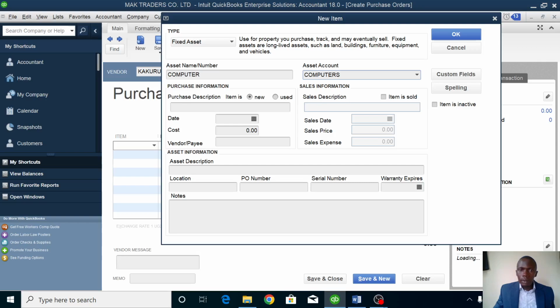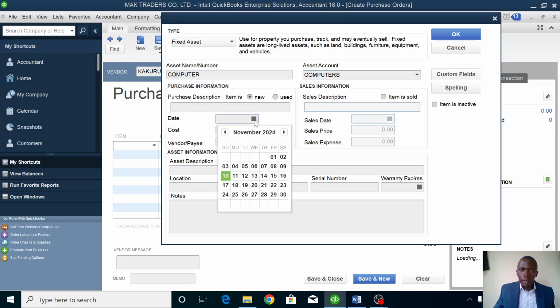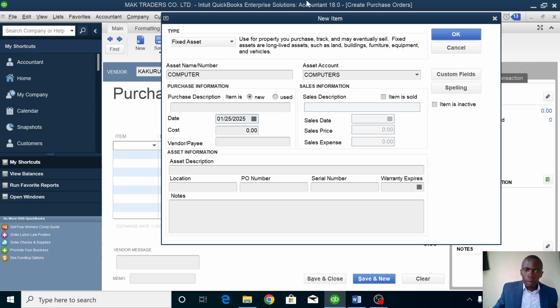Our description, we don't have the date. We say maybe it was on the 25th also, 2023. Can put our description: it was going to be used for office use.